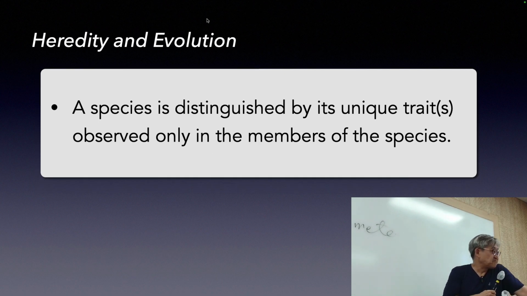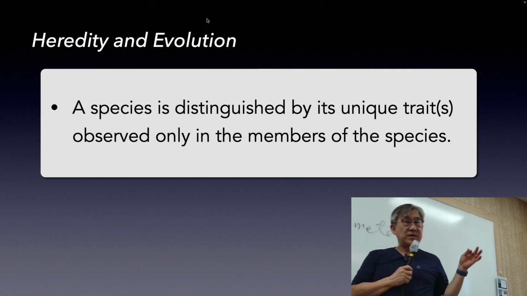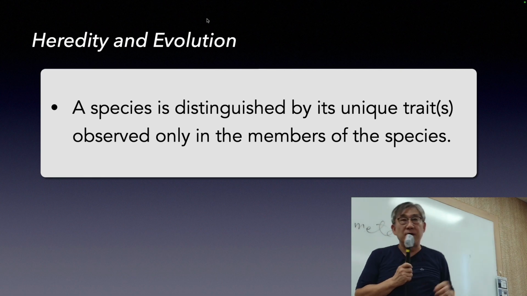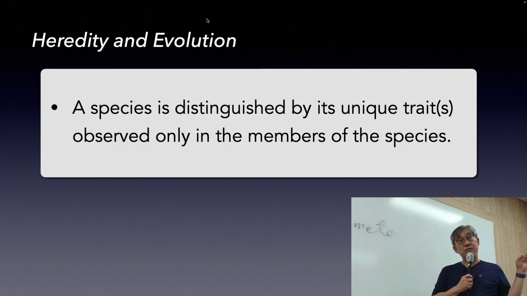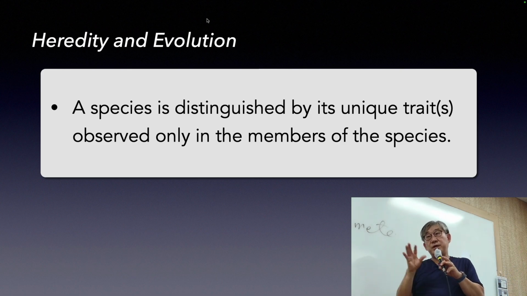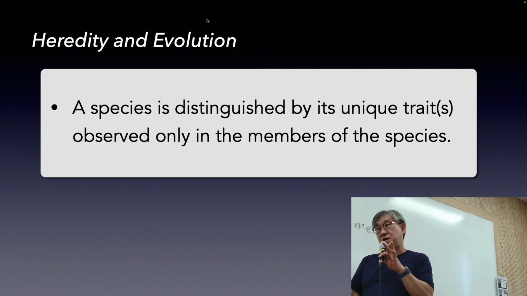So anyway, we went over several times this species concept and the traits. Species are distinguished by their own representative characters, or specific traits. But those traits only stay within the boundary of one single species. This is because the gene exchange can occur only within the species.